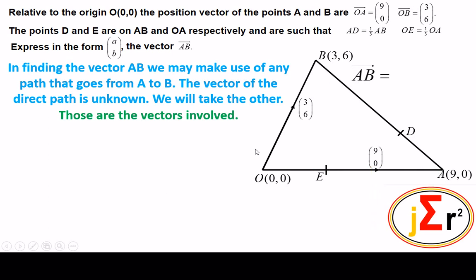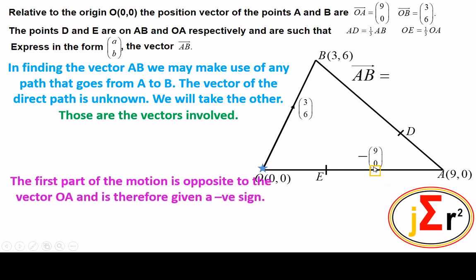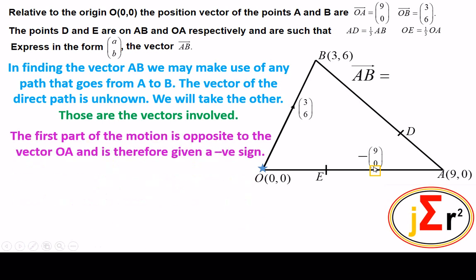Notice what happens first. If we need to go from A to O, we are going opposite to the direction of this arrow, which shows OA. Therefore, we are going in the opposite direction to OA, and we depict that with a negative sign.